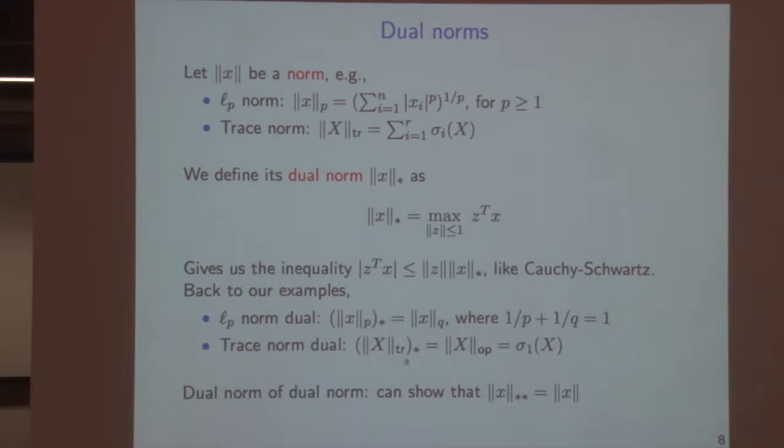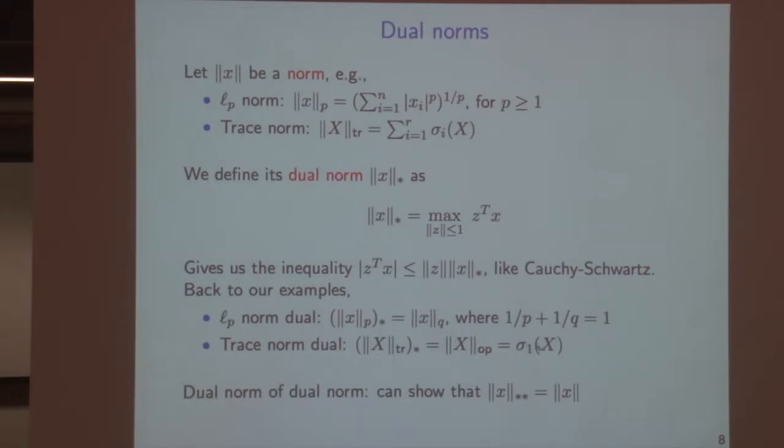The dual of the trace norm is the operator norm. That's another very useful relationship. If I ask for the dual of the norm that takes the sum of the singular values of a matrix, its dual is the norm that returns the largest singular value. It's not necessarily intuitive, but it's certainly something you could prove if you were asked to.